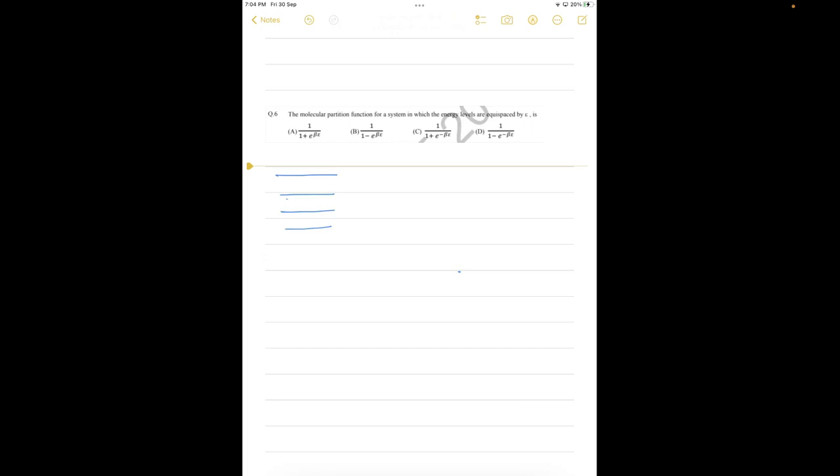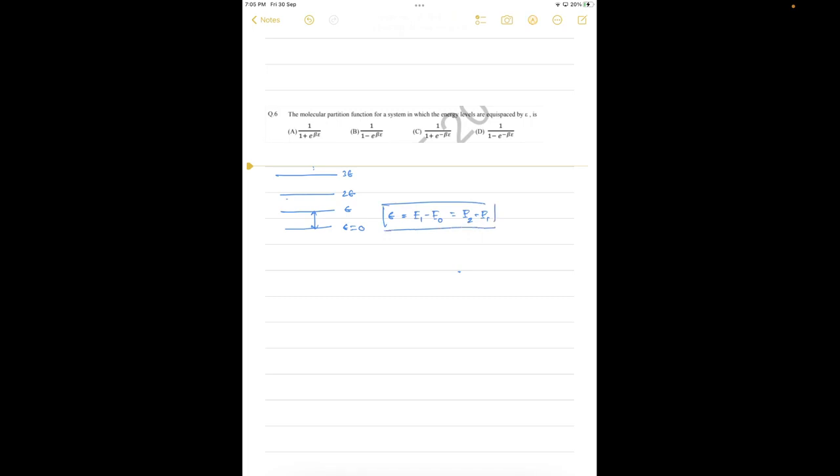Let's say this is energy equal to 0, then this is the energy state having energy epsilon, this is 2 epsilon and 3 epsilon, like this. So the difference between the two states is epsilon, that is E1 minus E0 equal to E2 minus E1. Now we know the partition function.